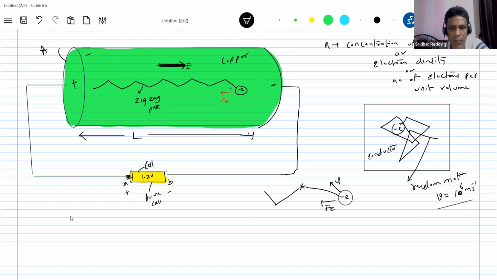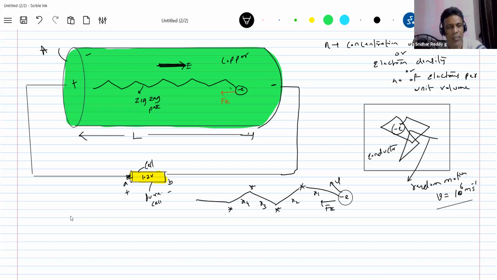So like that, what is the state of the electron? The electron will continuously undergo collisions. So what is this star mark? It will encounter collisions here. Then we look at the distances x1, x2, x3, x4.